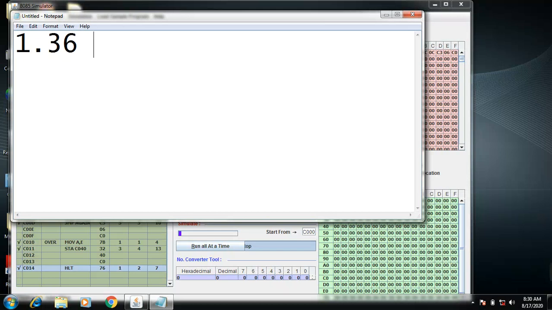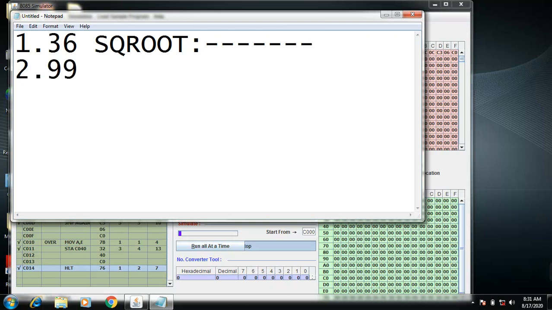This is one of the 8-bit data to find the square root of. Next, the second data is 99.